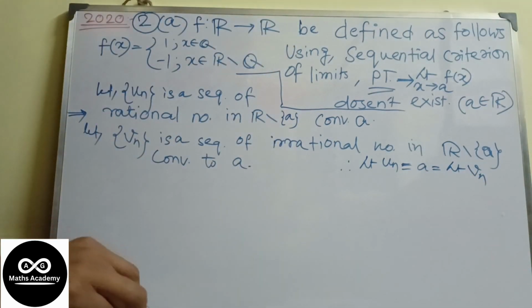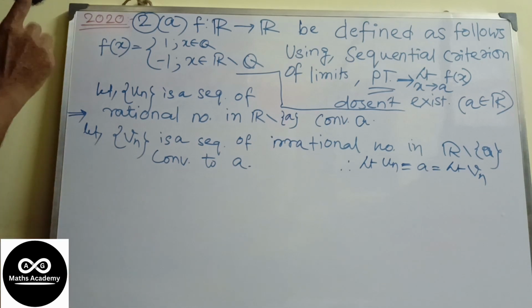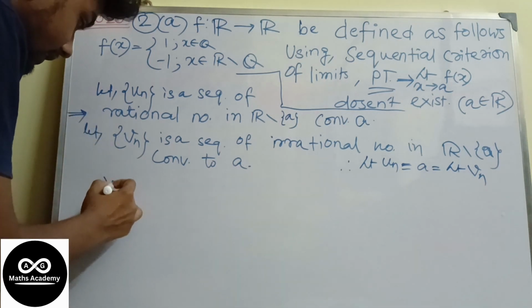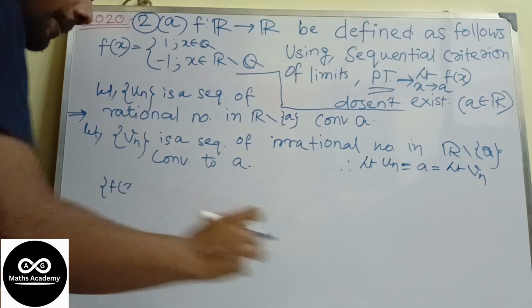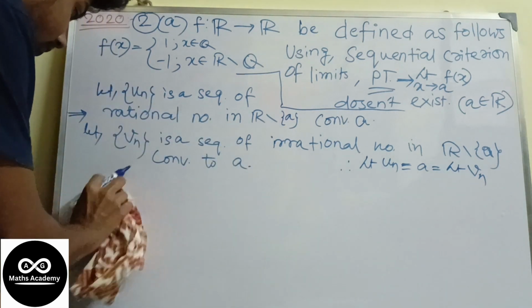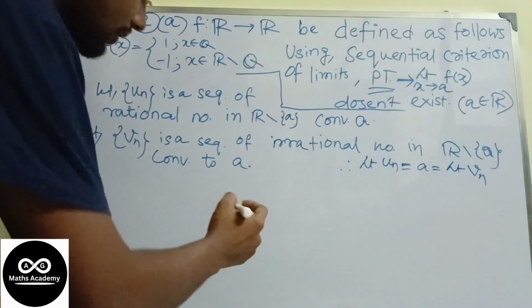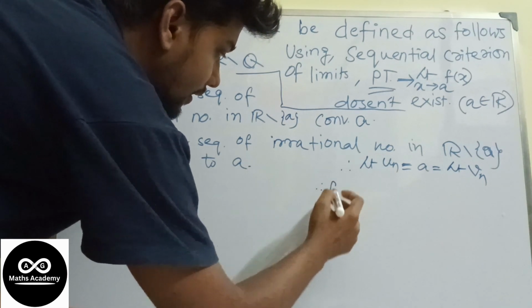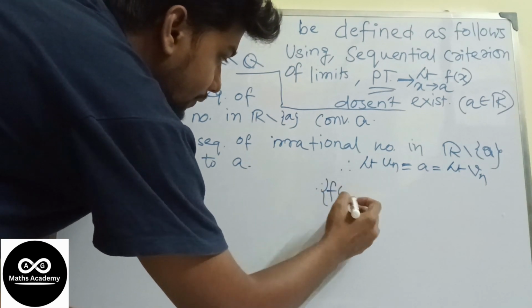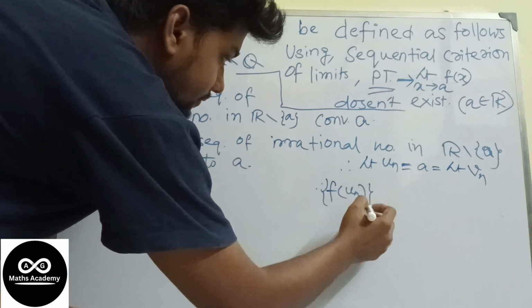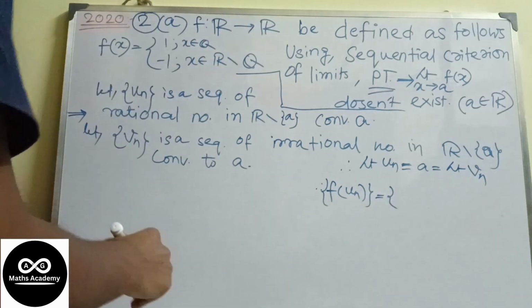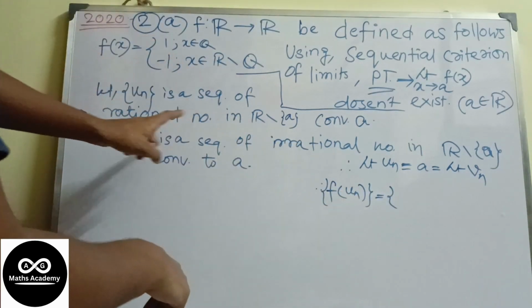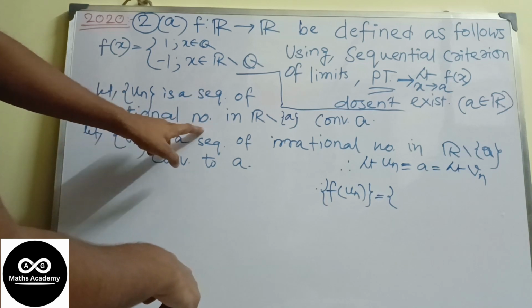So now we're gonna see what this sequence contains, the sequence f of un. So now watch carefully. un is a sequence of rational numbers.